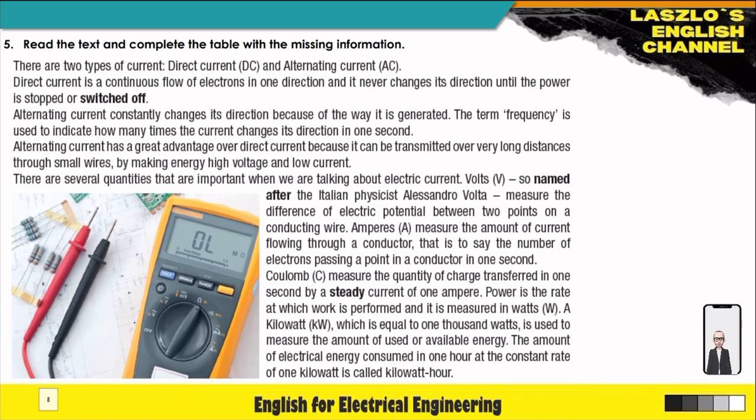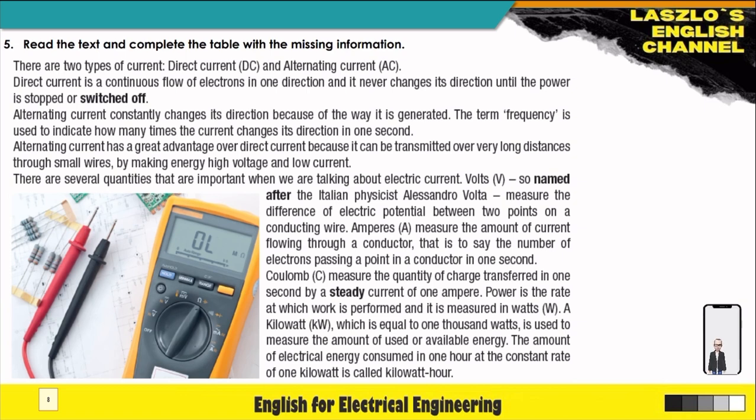Amperes measure the amount of current flowing through a conductor, that is to say, the number of electrons passing a point in a conductor in 1 second. Coulombs measure the quantity of charge transferred in 1 second by a steady current of 1 ampere.